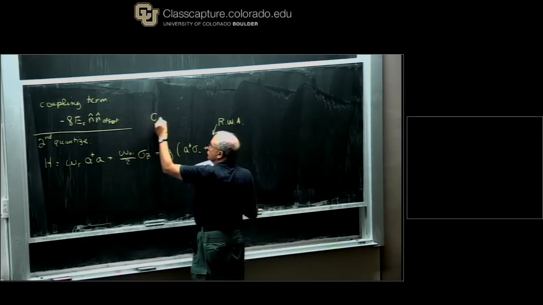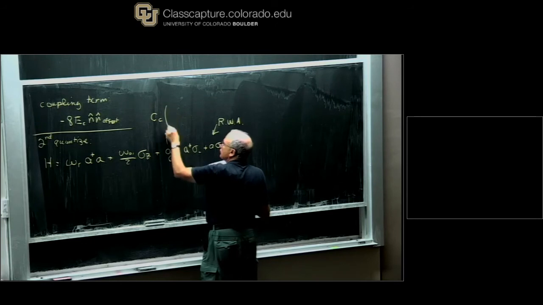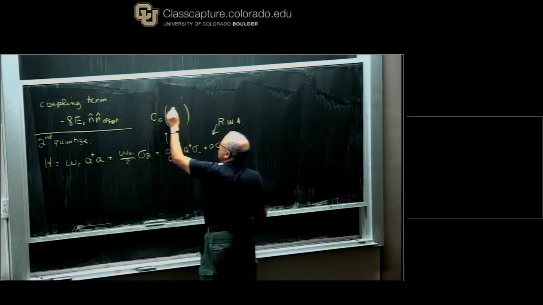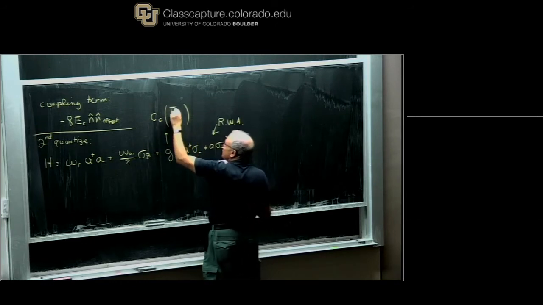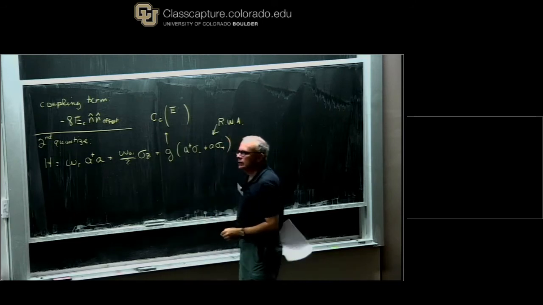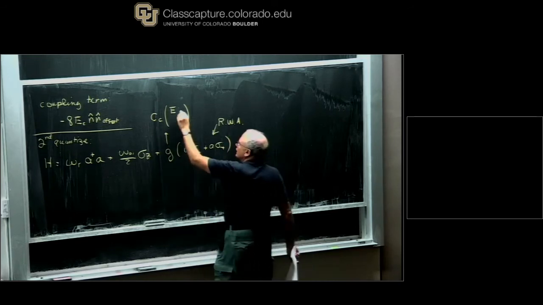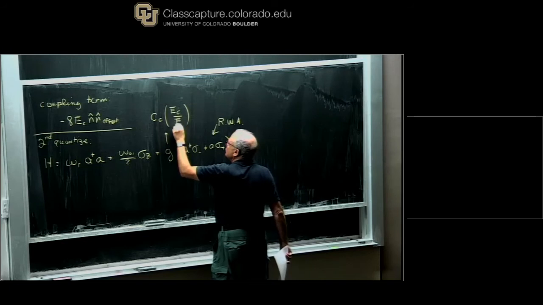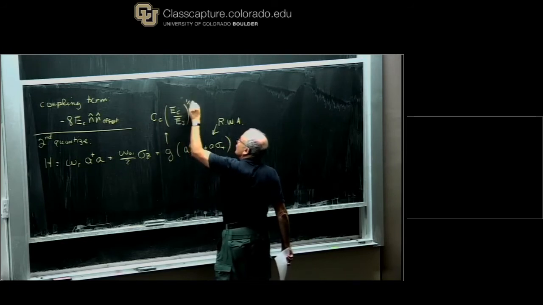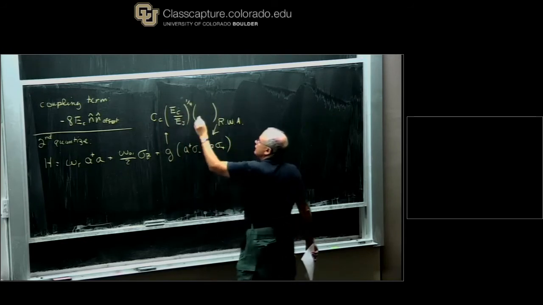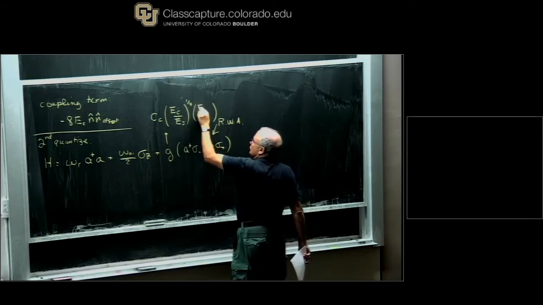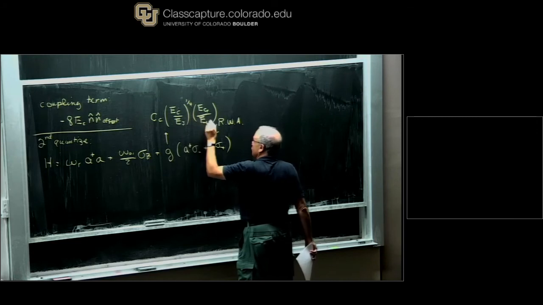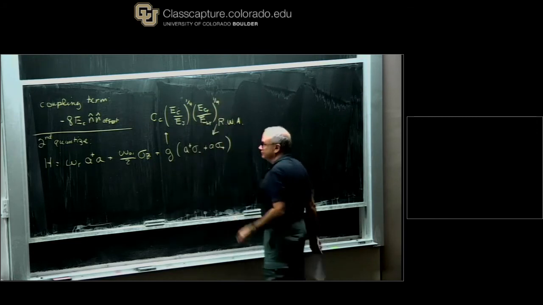It's proportional to C sub c, but it also has factors like this: E sub c over E sub j to the 1/4 power, and then a corresponding factor, E sub c sub r over E sub, I'll call it L sub r, to the 1/4 power.